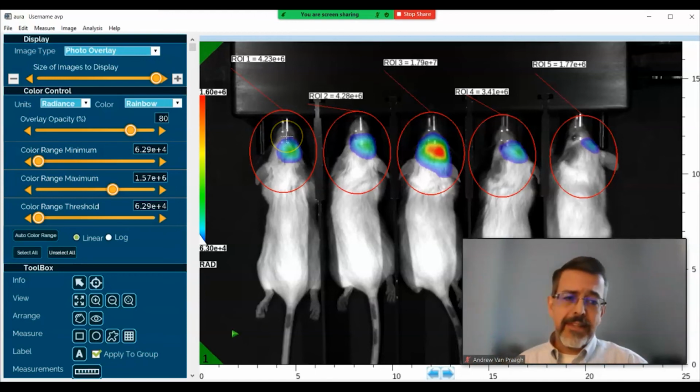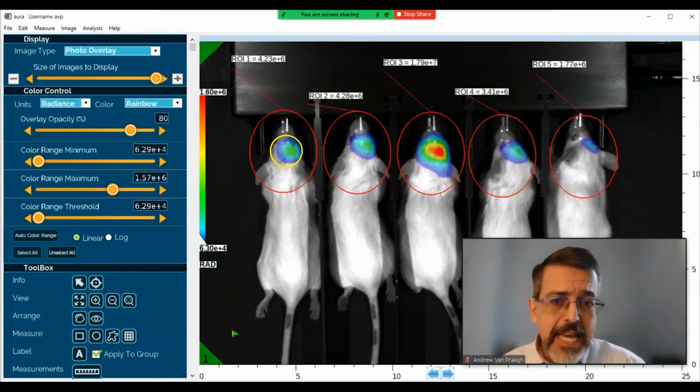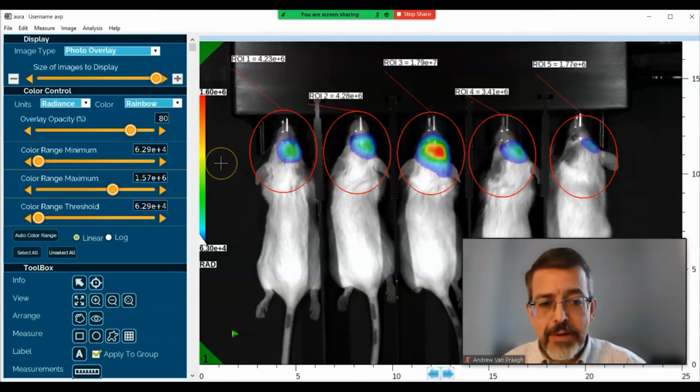And let's just eliminate the possibility of a second investigator doing different size ROIs. The amount of background area in each of these ROIs is different. So we're differentially affecting the mean of the signal because the amount of background is different between the ROIs of each mouse.